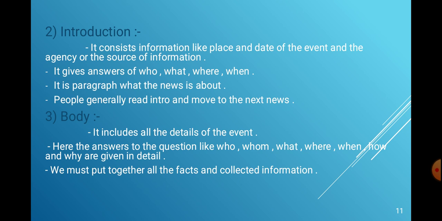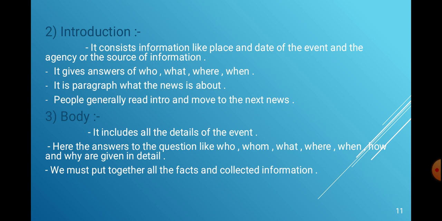Second important thing is the introduction. It consists of information like place and date of events and the agency or the source of information. It shortly answers who, what, where, when.